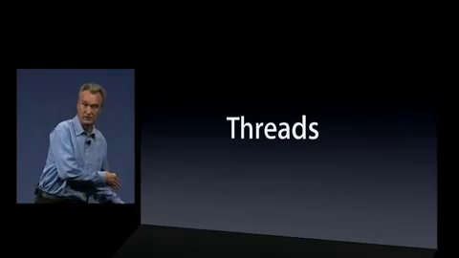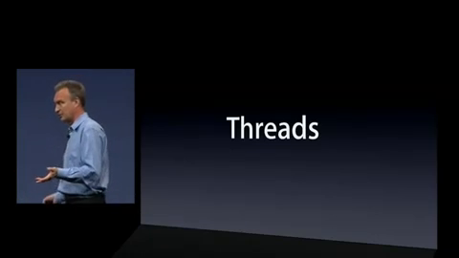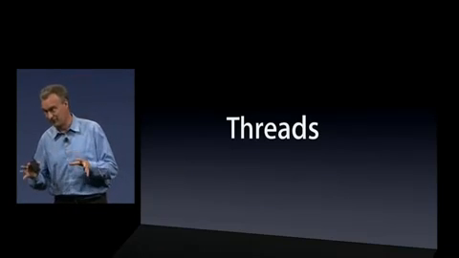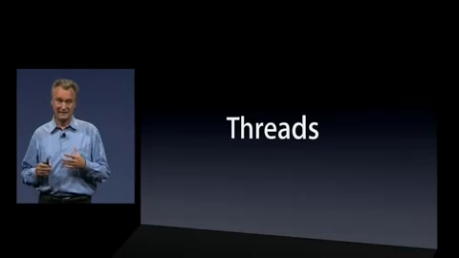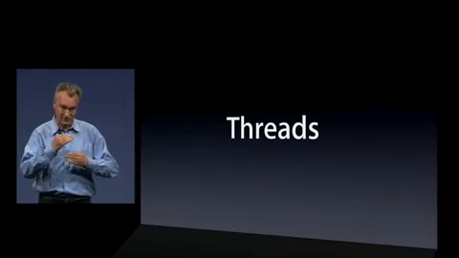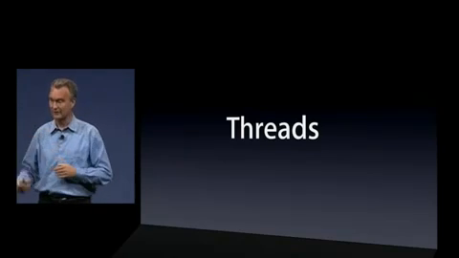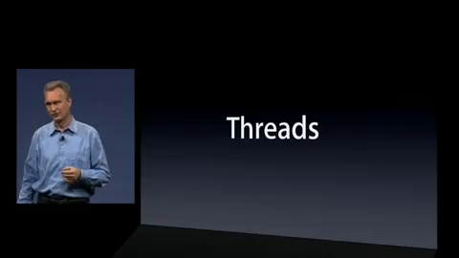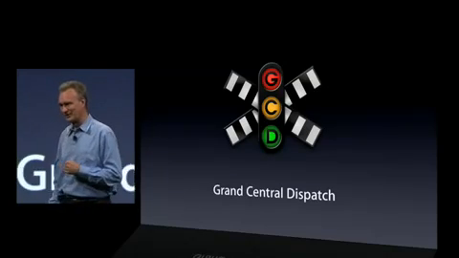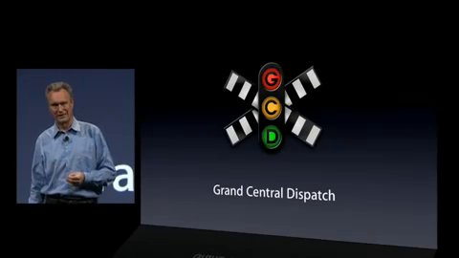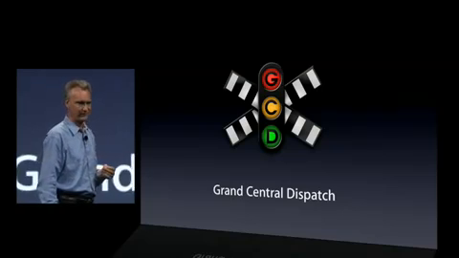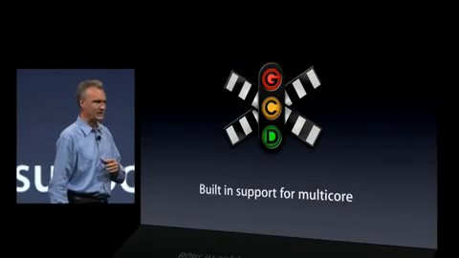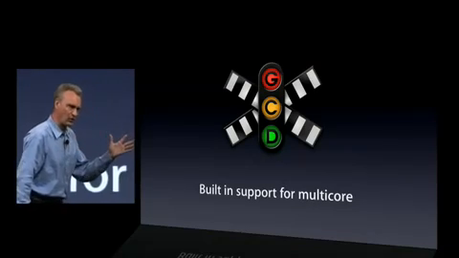And the standard answer is threads, multi-threaded programming. But it's really, really hard. And it's also fairly inefficient because you never have quite the right granularity. So we have a solution for this, a new methodology that we call Grand Central Dispatch. It's built-in support for multi-core across all of Snow Leopard.